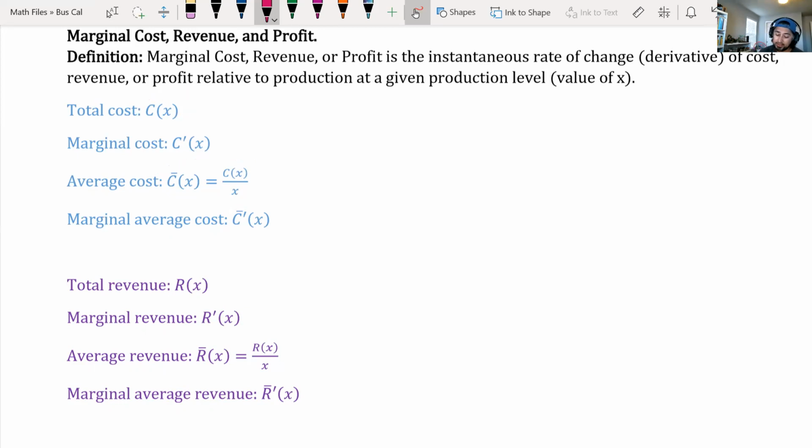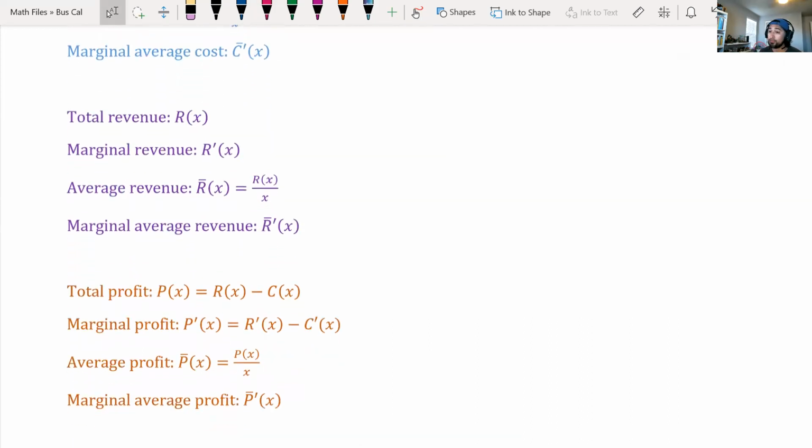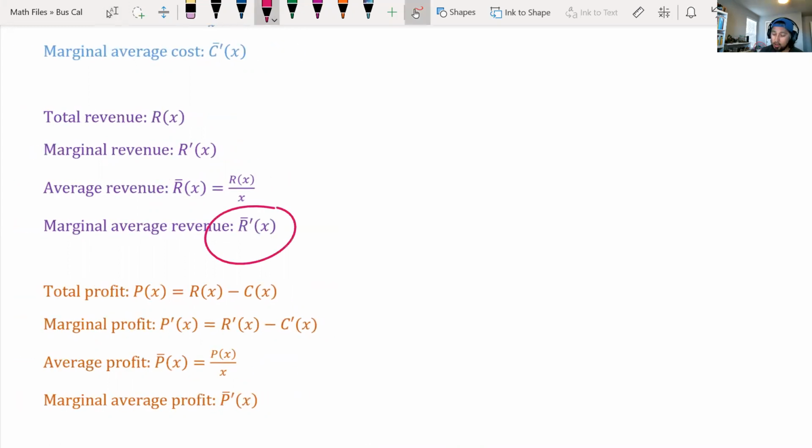And it's the same exact setup for revenue and for profit. So revenue, marginal revenue is R prime, average revenue, R bar of x equal to R of x over x, and then you can take the derivative of that, R bar prime of x.